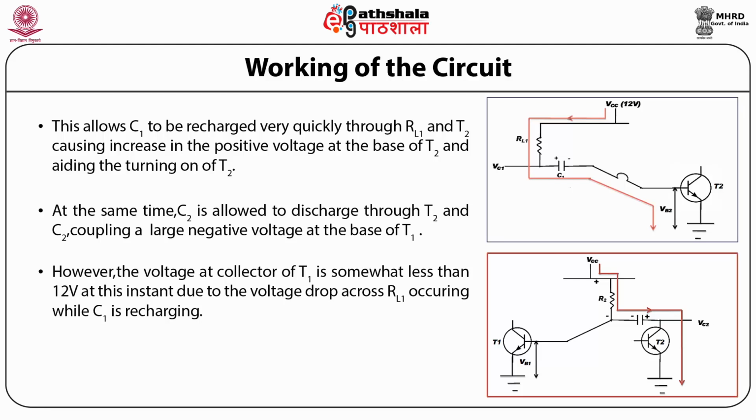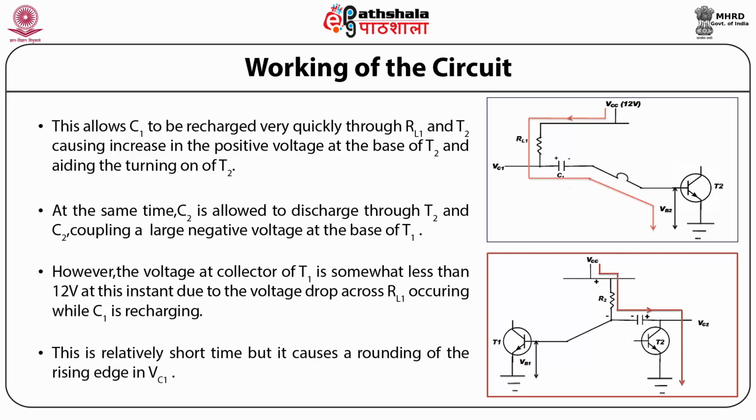However, the voltage at the collector of T1 is somewhat less than 12 volts at this instant due to the voltage drop across RL1 occurring while C1 is recharging. So this is a relatively short time, but it causes a rounding of the rising edge in VC1.